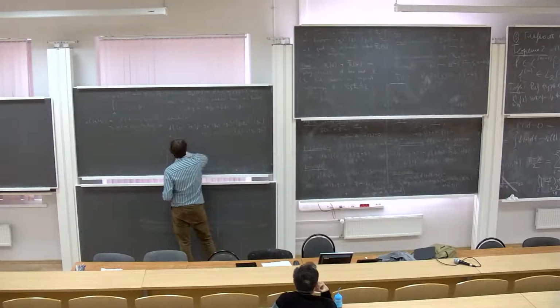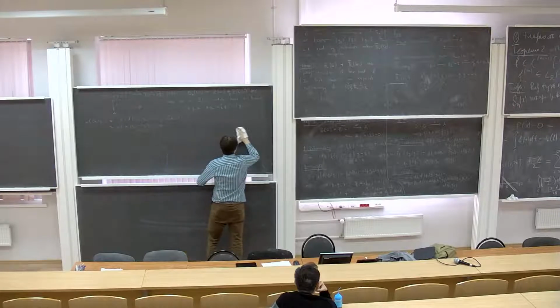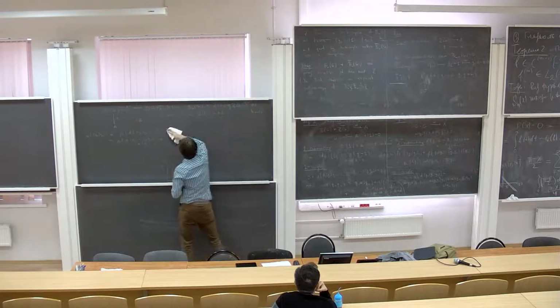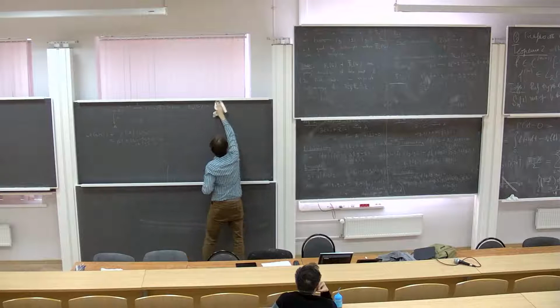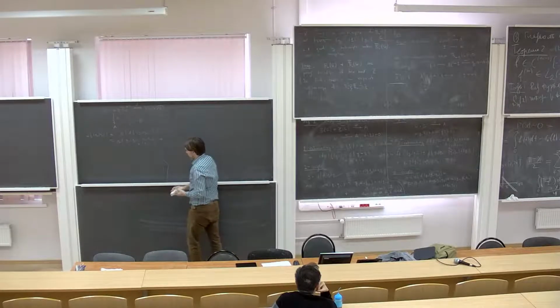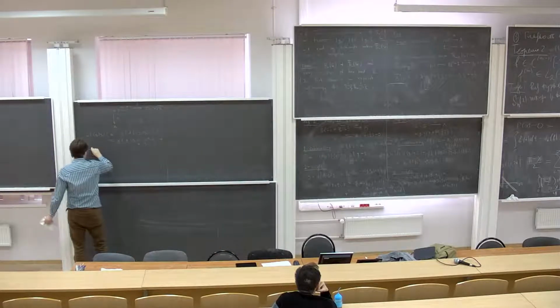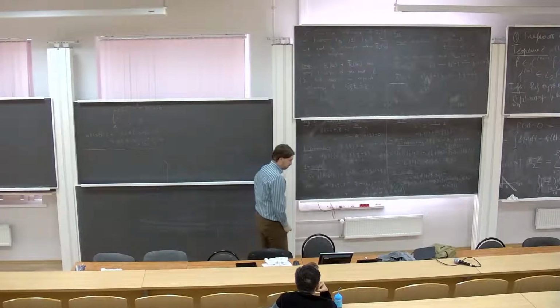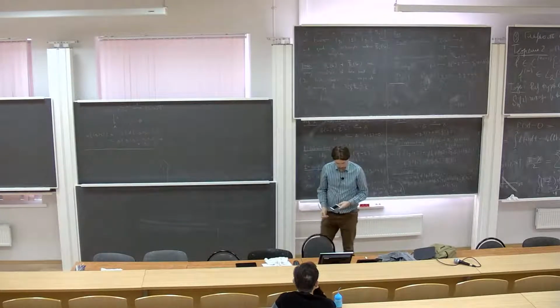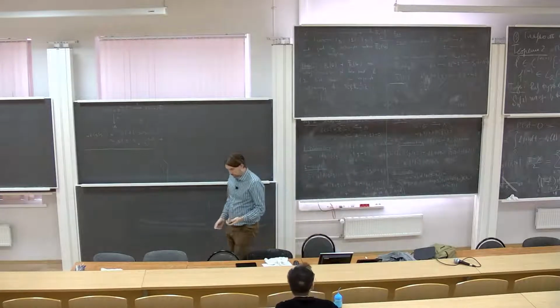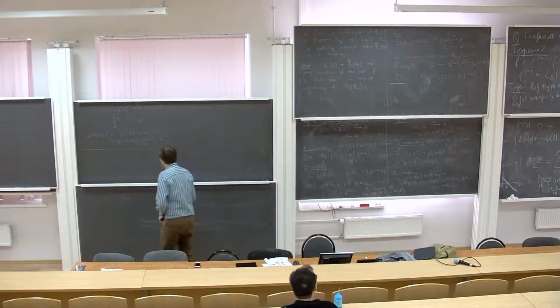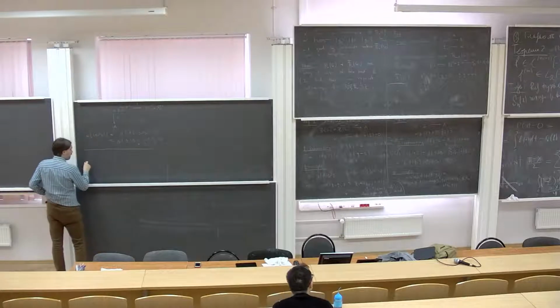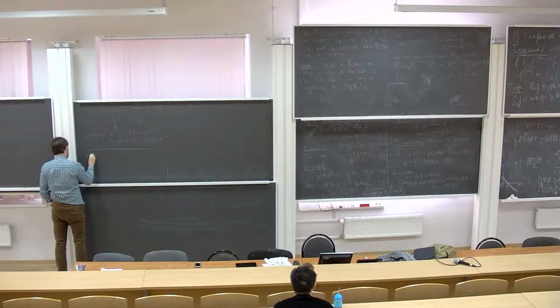So let's interpret these expressions. Cohomology in degree 1 has a pretty simple interpretation. Let me give a definition.